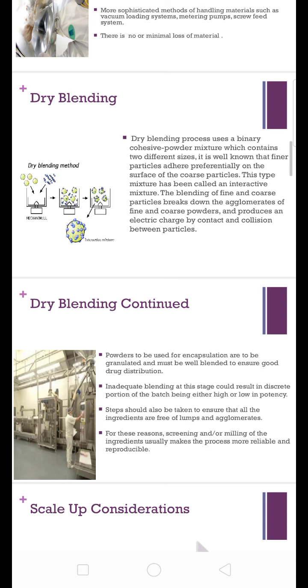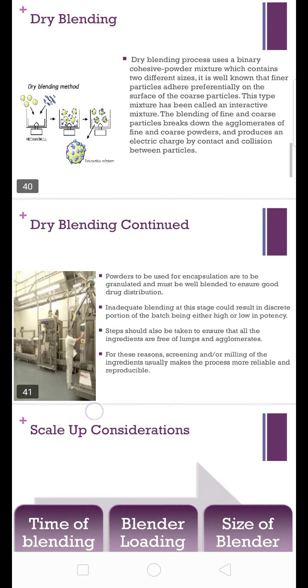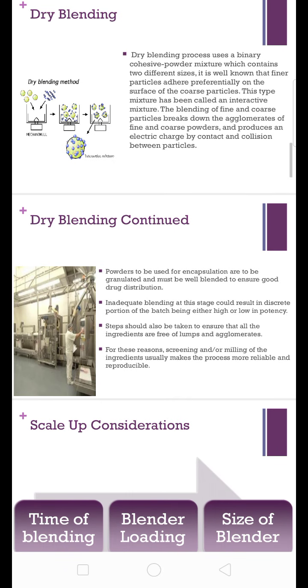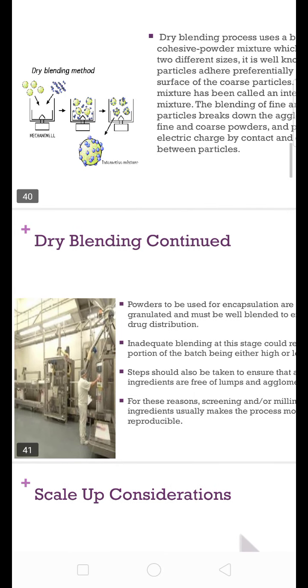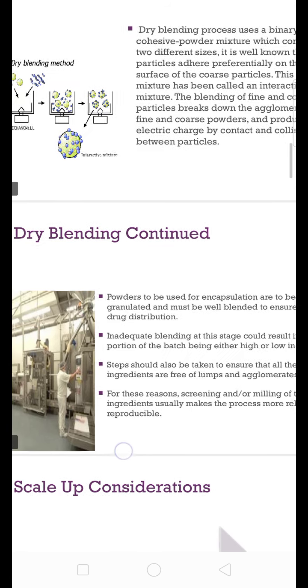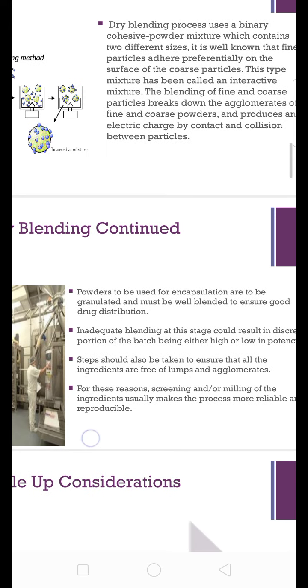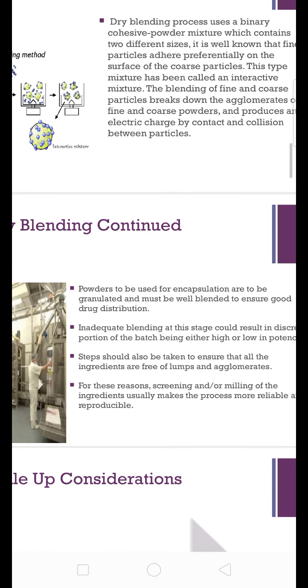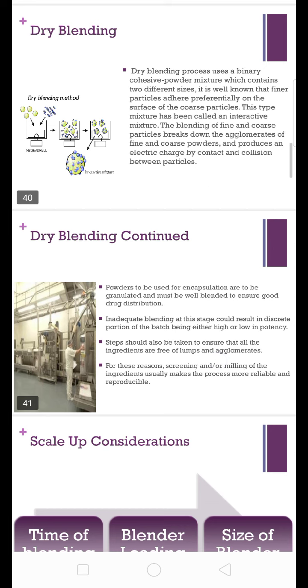And it produces electric charge by contact and cohesion of the particles. So as shown in the figure, when you mix coarse with the fine, then fines will accumulate on the surface of the coarse, and it leads to electric charge interactions and collision between the particles.